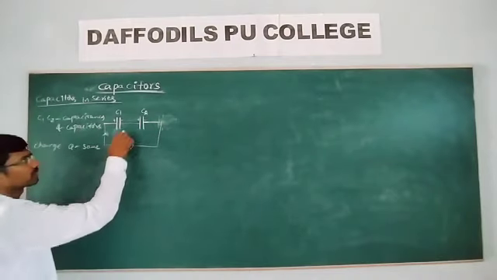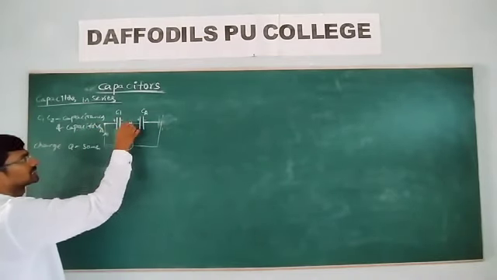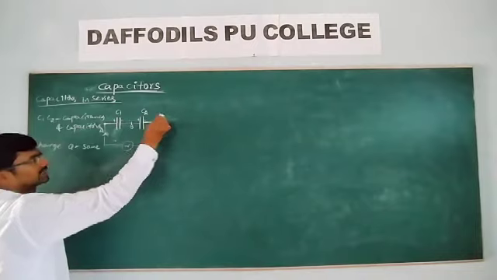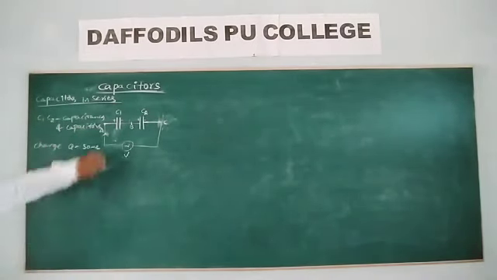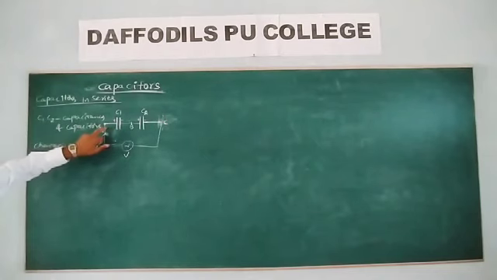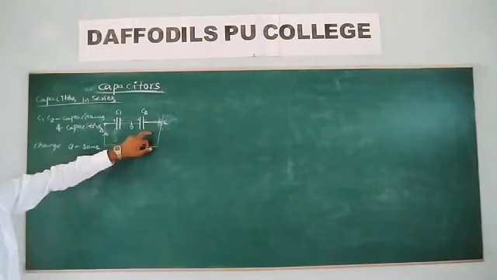But there is some potential difference. Let us take points A, B, and C. There will be some potential difference across AB, and the potential difference across BC also takes place.